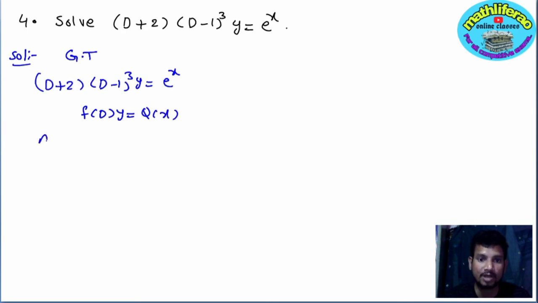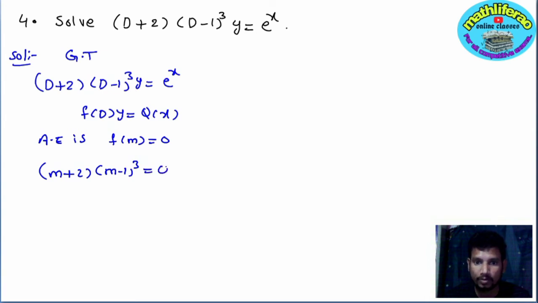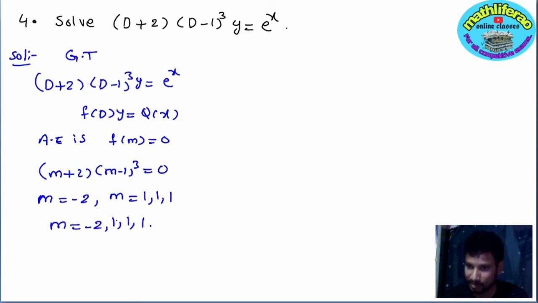Okay, first the auxiliary equation is f of m equal to 0. F of m equal to 0 means replace d by m: m plus 2 into m minus 1 whole cube equal to 0. Roots of the equation are m equal to minus 2 and m equal to 1 three times repeated, 1, 1, 1.